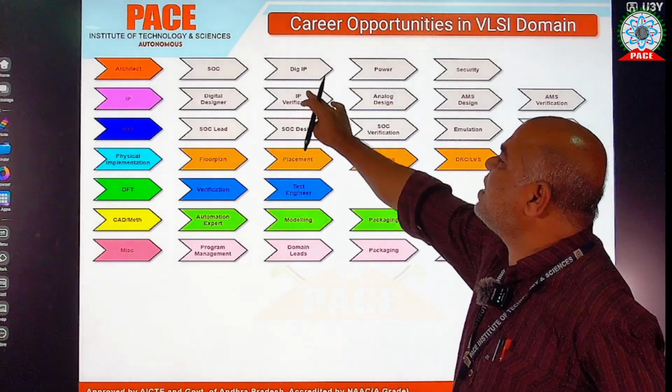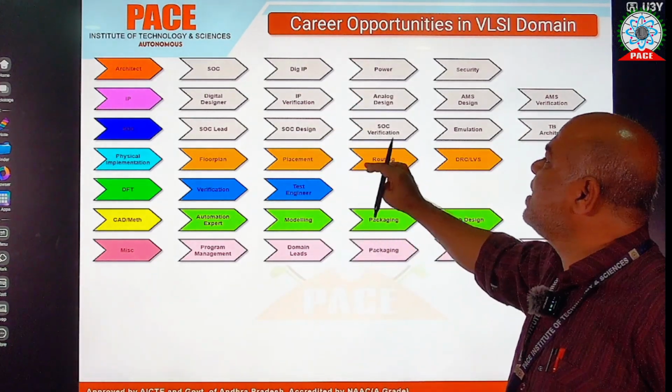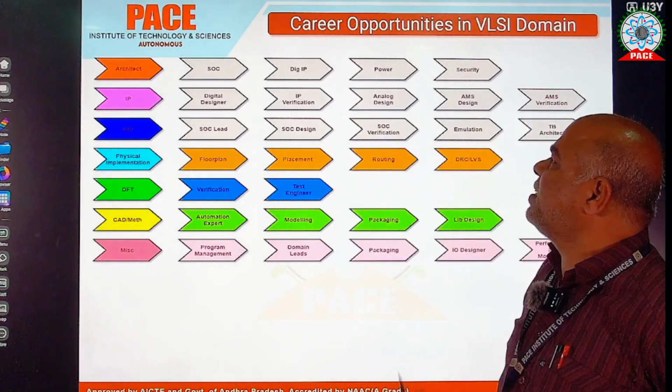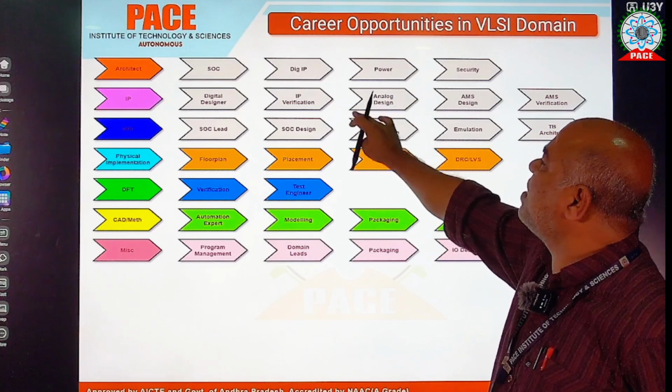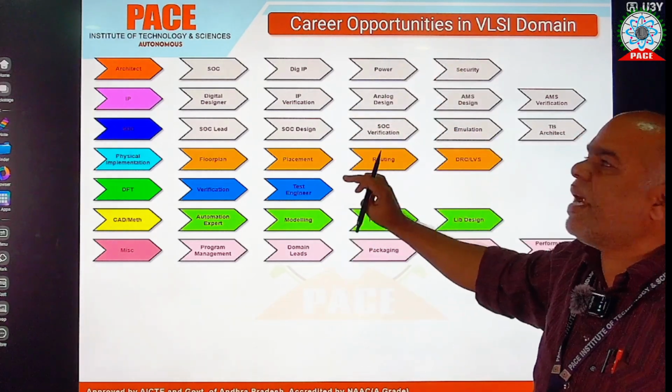And coming to the next, digital IP. IP means intellectual property. Intellectual property gives the correctness of the result. And the next domain is power. Power is very important in VLSI.